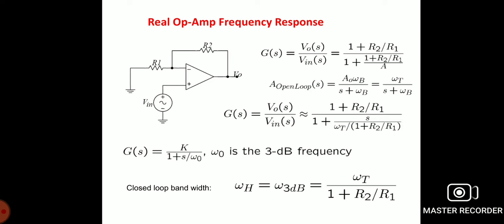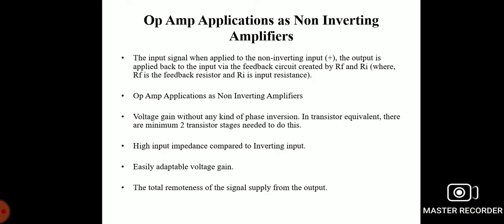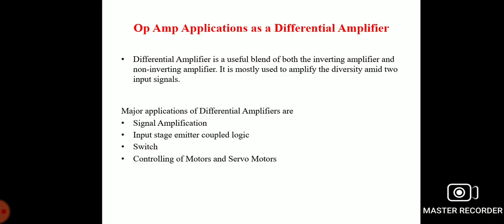Now we can see the operational amplifier as a differential amplifier. Here the differential amplifier is used as a blend of both the inverting and non-inverting amplifiers. It is mostly used to amplify the difference between the input signals.